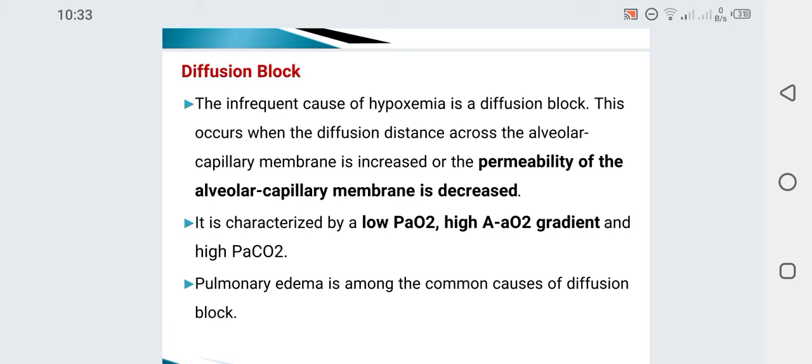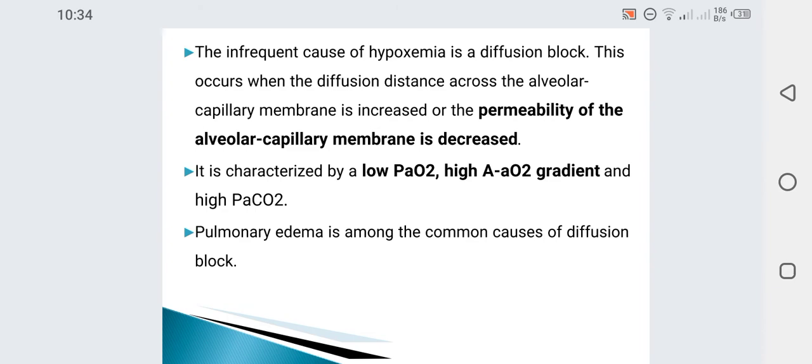An infrequent cause of hypoxemia is a diffusion block, and this occurs when the diffusion distance across the alveolar capillary membrane is increased or the permeability of the alveolar capillary membrane is decreased. It is characterized by low partial pressure of O2, high gradient, and high partial pressure of CO2. Pulmonary edema is among the commonest causes of diffusion block.